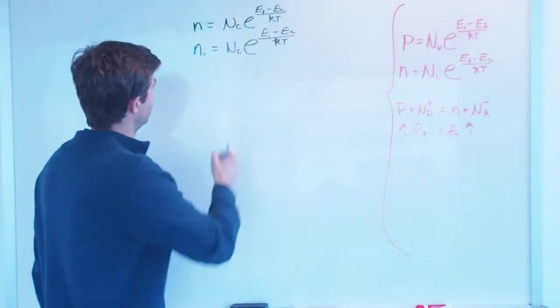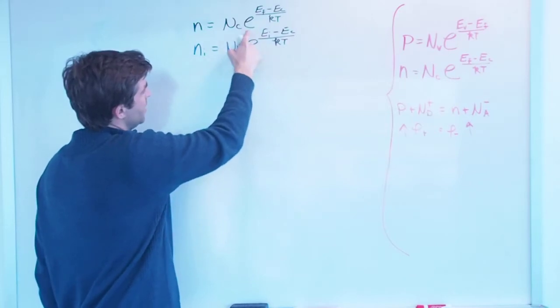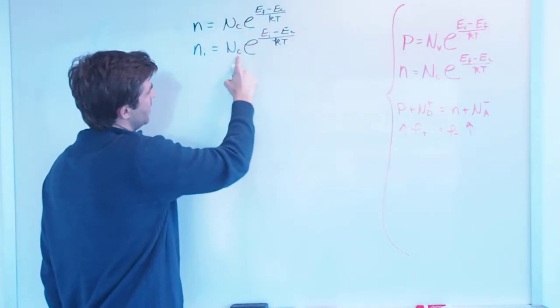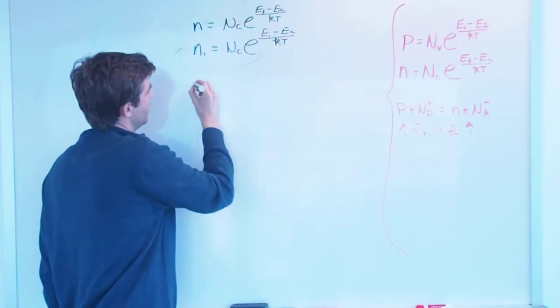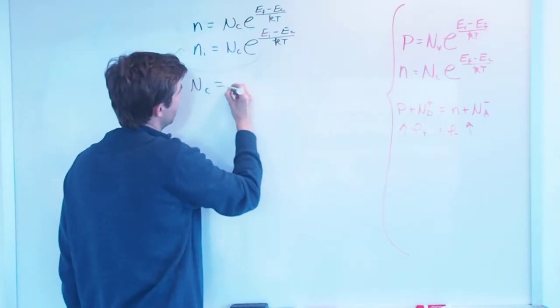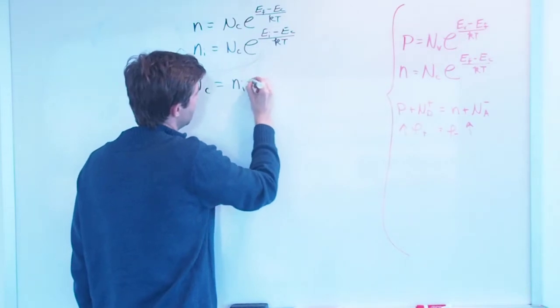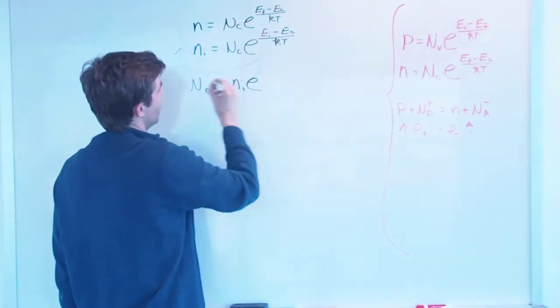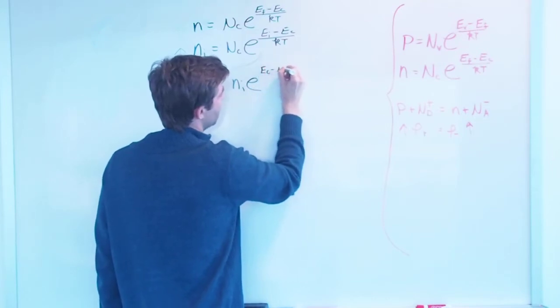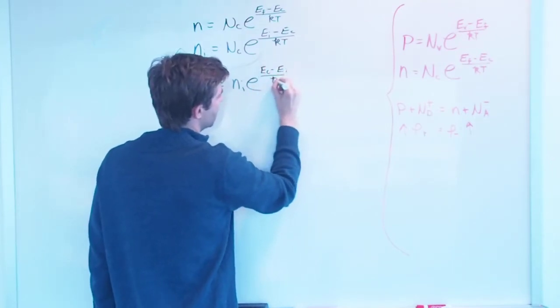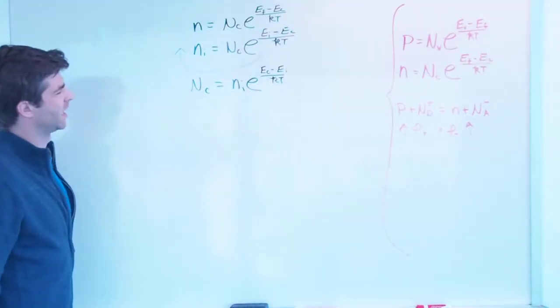And similarly, we can rewrite N_C by bringing this term over here, and we can say that N_C is equal to n_i e^(-(E_i - E_C)/kT), which is e^((E_C - E_i)/kT). When I bring it over here, I make it negative.